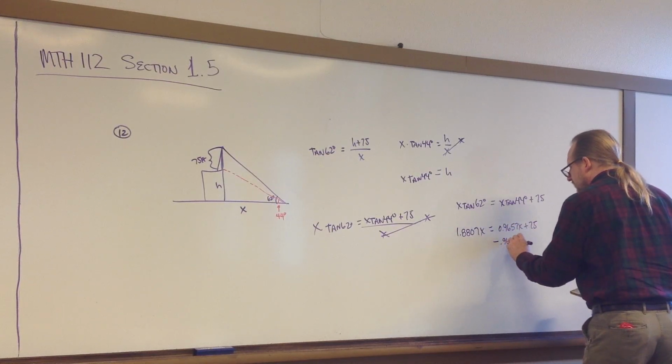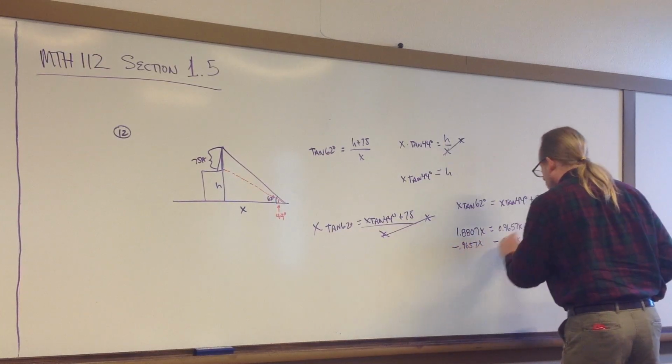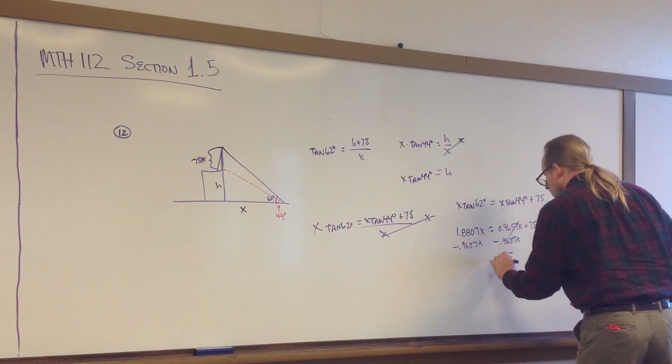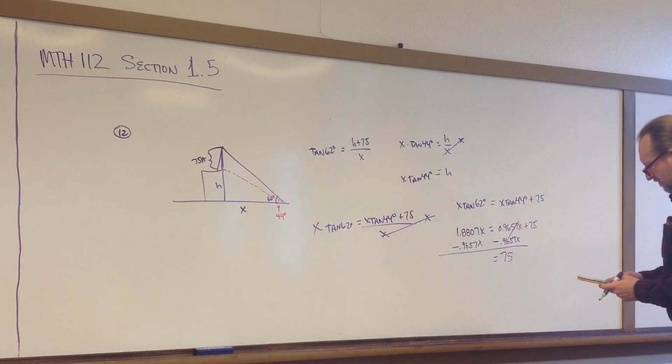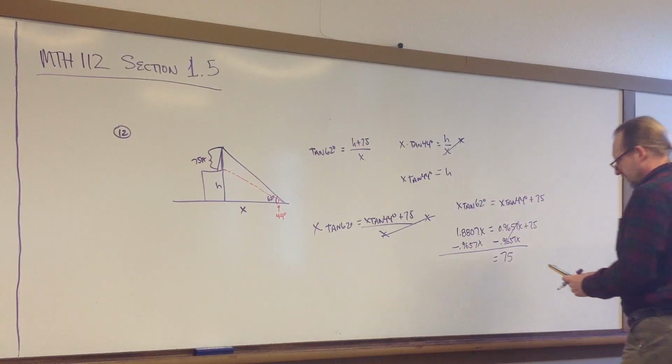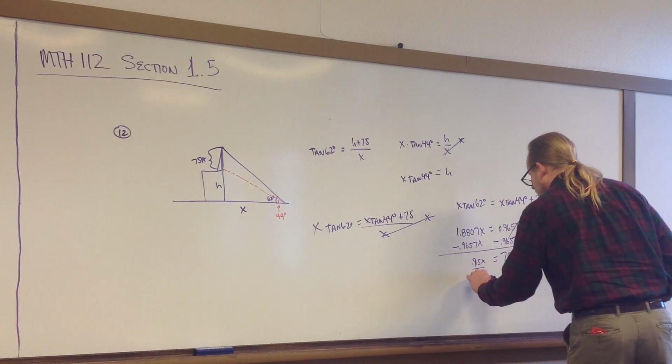So then we'll subtract this over to the other side. So 1.8807 minus 0.9657 gives us about 0.915x.